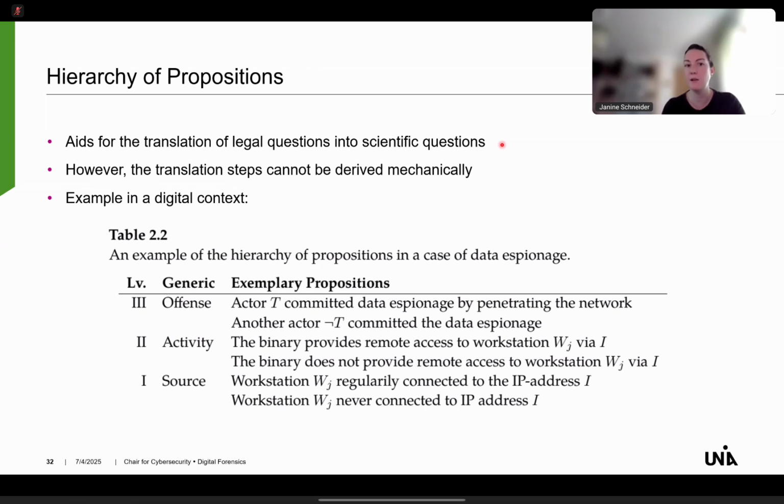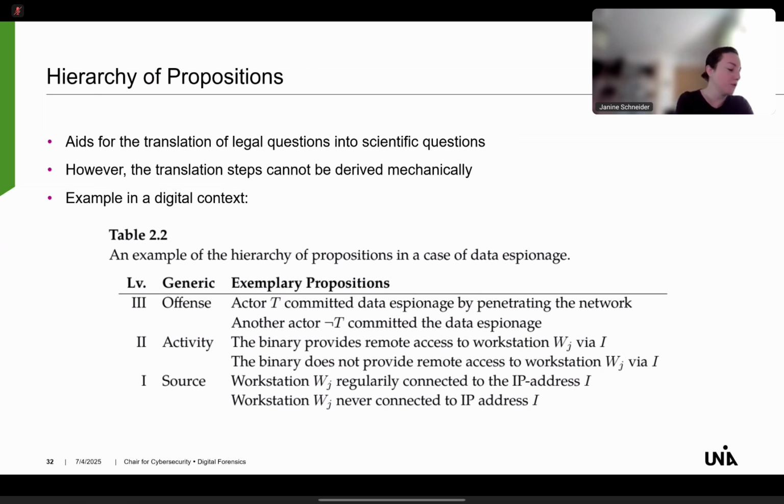We can only say something like the DNA of person A was at the crime scene. This is something that we can answer, but we cannot answer if person A committed the crime. The hierarchy of propositions shall aid the translation of these two questions, in order to help investigators answer the questions that they actually want to answer and help the scientists to answer the question that they can answer.